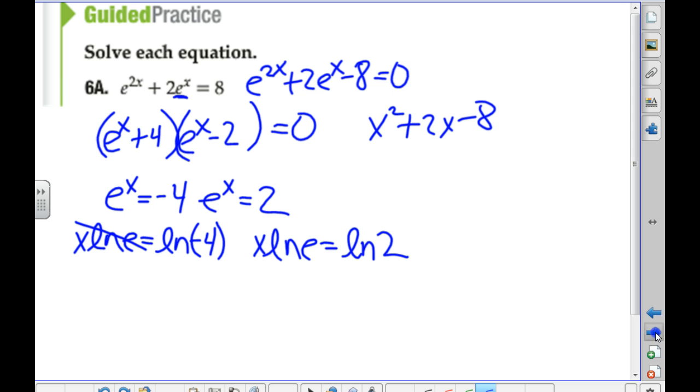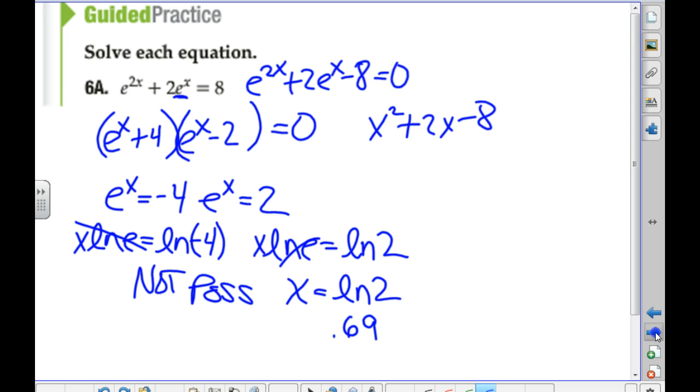Natural log of -4 is not possible. So the only answer is this, which is what? 0.69, okay? And you could just write ln of 2 is fine. It's an exact answer that way.